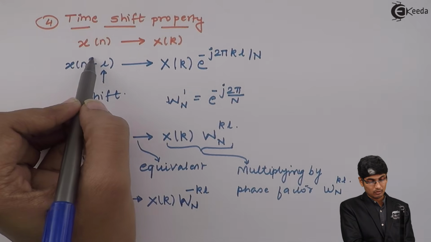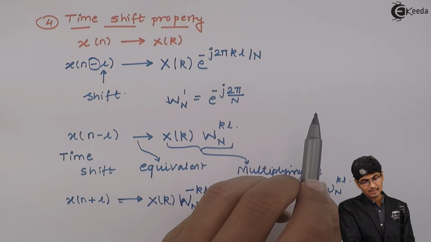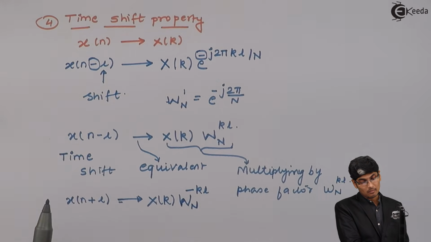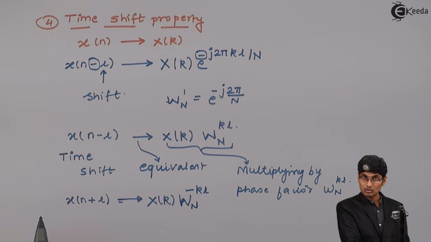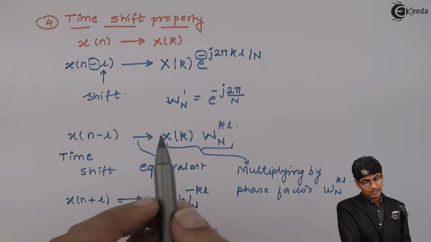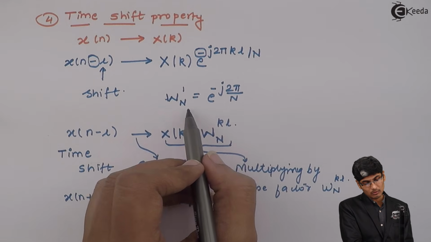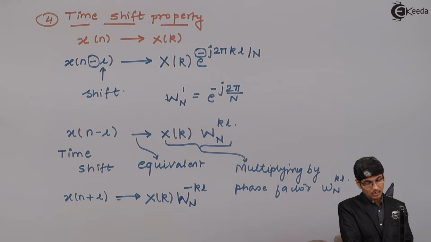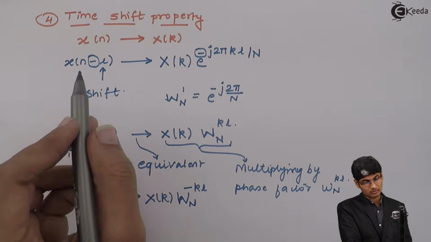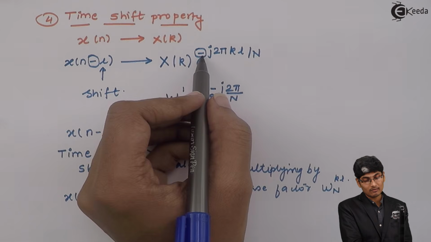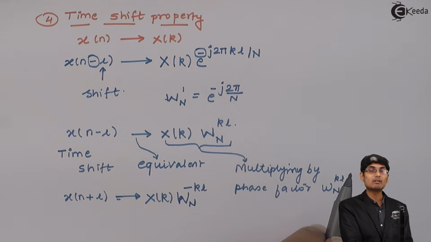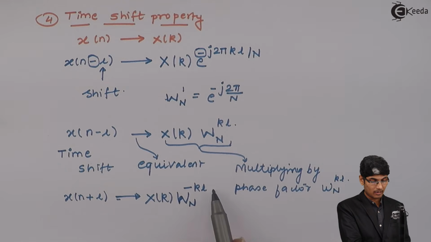Because if you observe, if there is a minus sign in front of L, there is a minus sign over here also, and W N raised to 1 is e raised to minus j 2 pi by N. So when I replace minus by plus, then this sign will also be plus, and then my W should be replaced with the index minus kL.